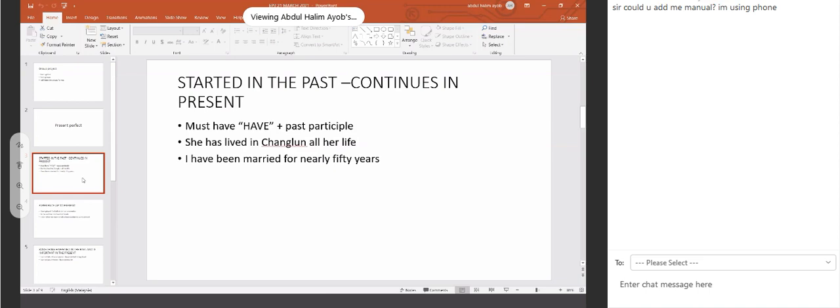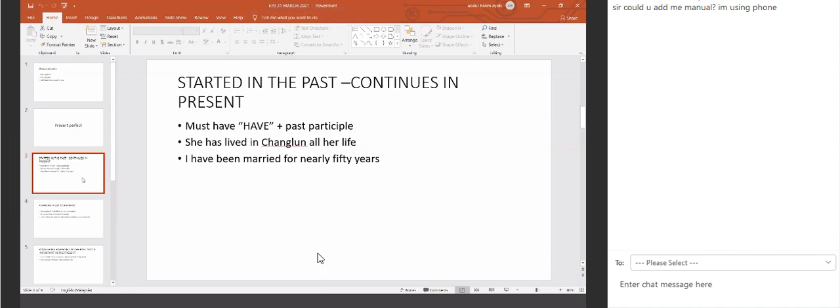So present perfect is used when you want to say something or an activity that started in the past and is still happening until right now. And that is what we call present perfect. Understand or not? Yes. Good. So present perfect started in the past and it is still happening.